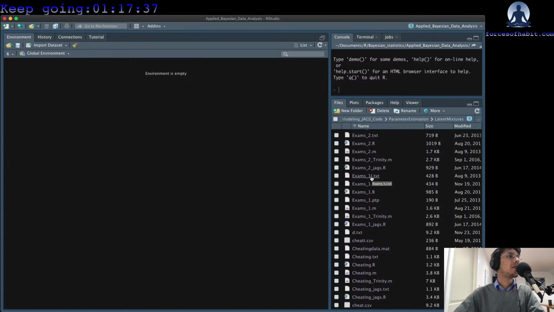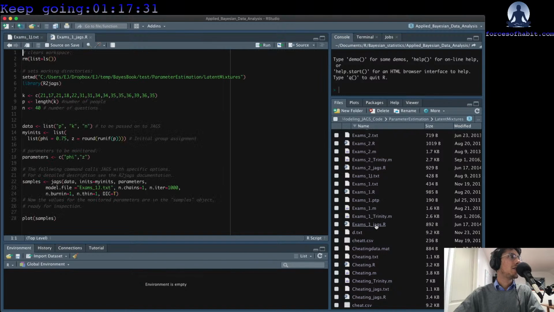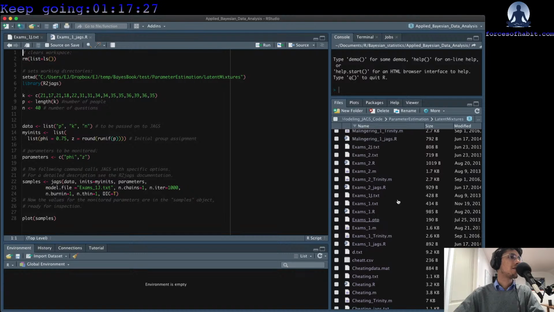Oh, JAGS text. Yeah, JAGS-specific code, JAGS R script. This is going to be a little different in terms of approach relative to what's written in the textbook.